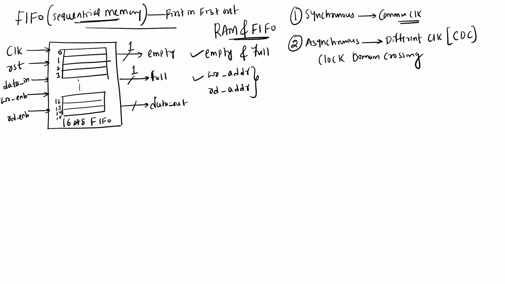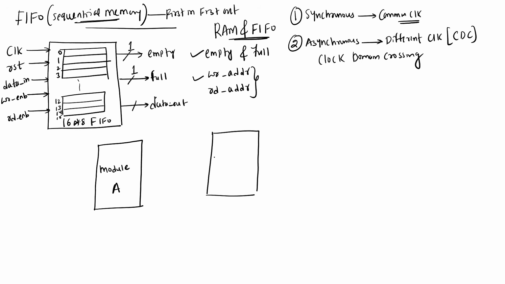So where are we using FIFO? Suppose you take two modules. Let us take this as module A and next is module B. If the clock frequency is the same, that is synchronous FIFO.